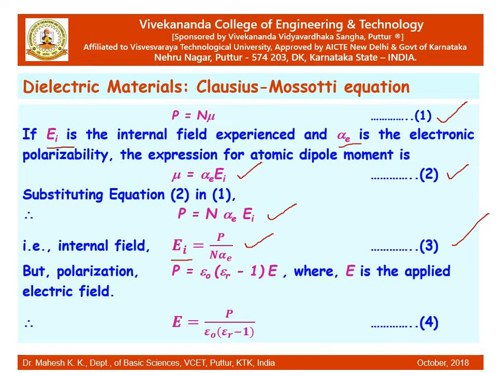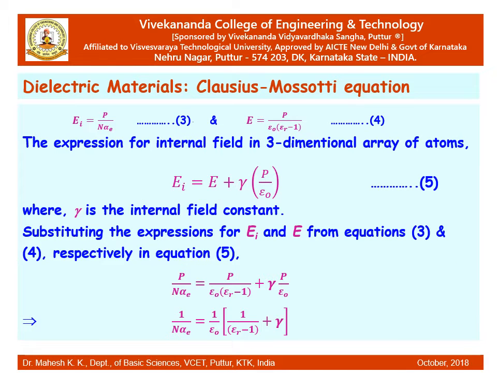But polarization P is equal to epsilon naught into (epsilon r minus 1) into E, where E is the applied electric field. Again by rearranging, we get the applied field E equal to P over epsilon naught into (epsilon r minus 1). Let that be equation 4.